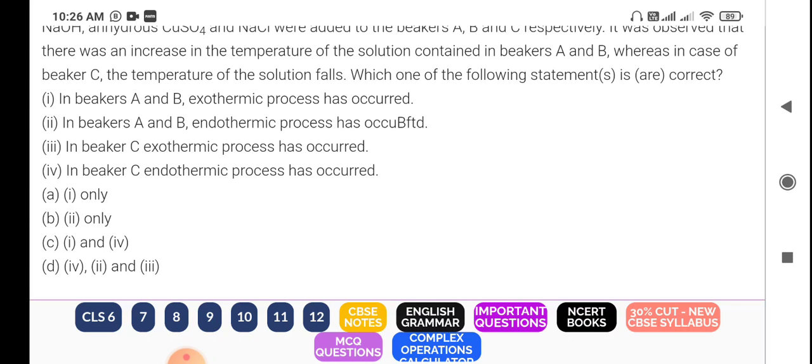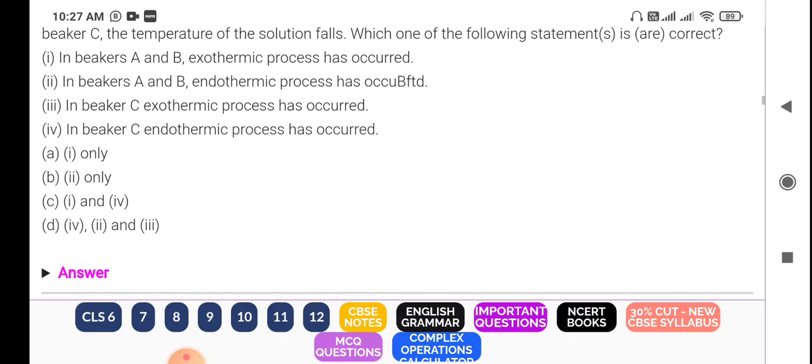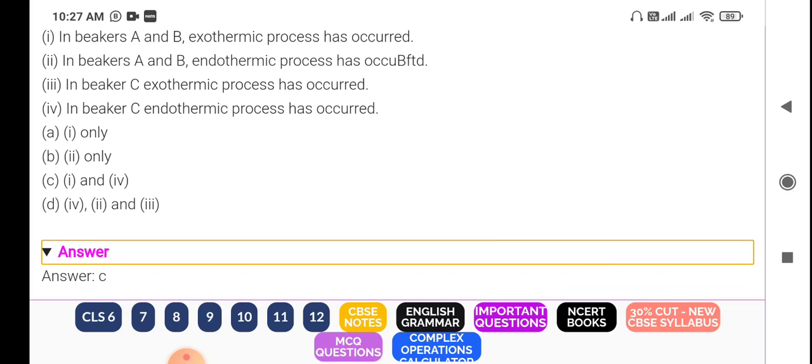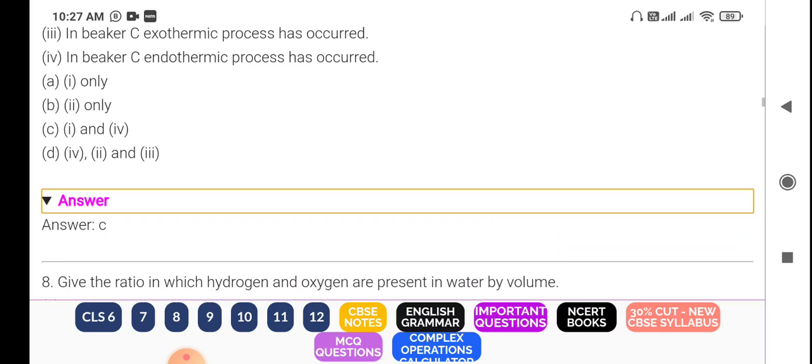We have to find out A, B, C, D. Which one is the correct? A, first only; B, second only; C, first and fourth; D, fourth, second and third. So according to me, C, the first and fourth is the correct answer.